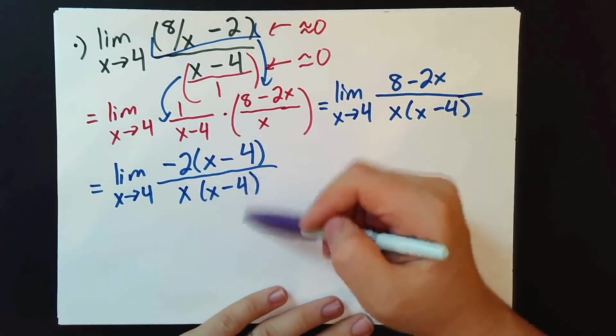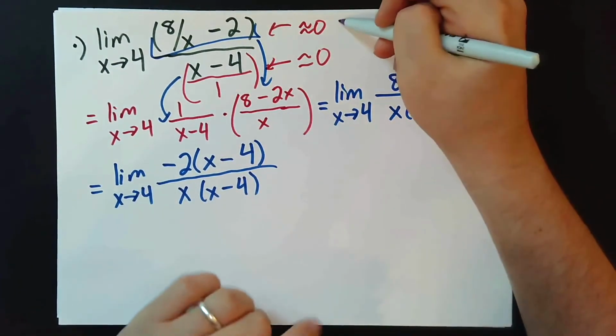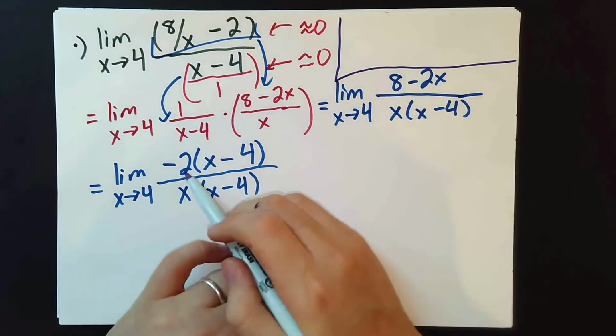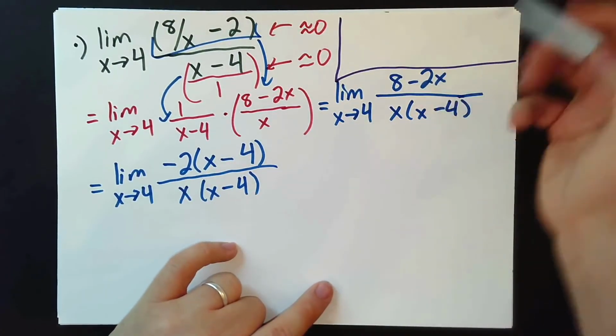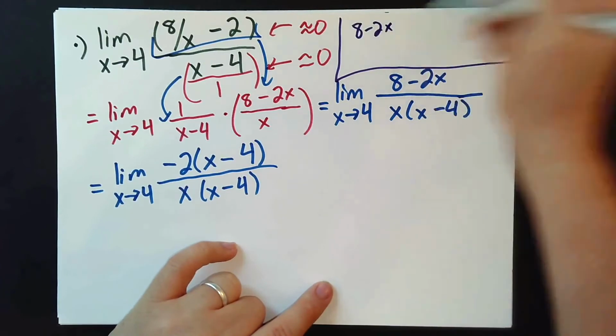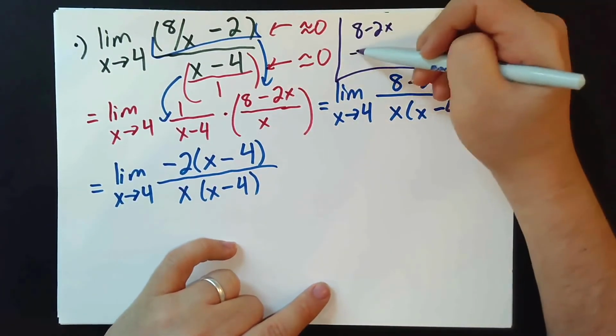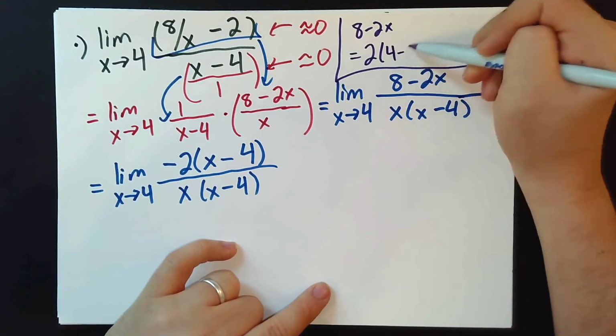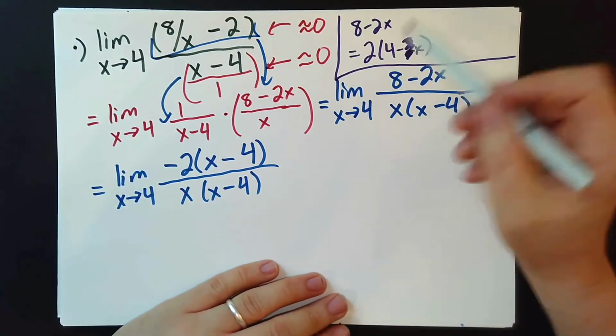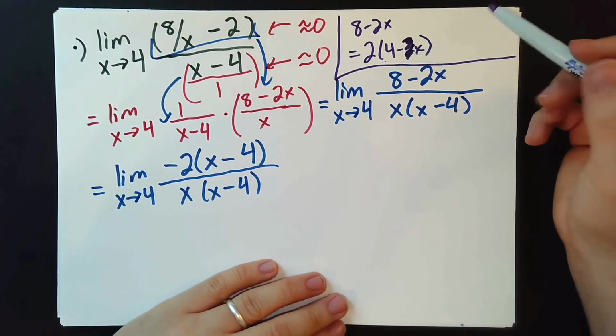Now, we're almost done because there's these two x minus 4s, but I just want to make a note in case you did not like me saying factor a minus 2 out. You can also look at 8 minus 2x and say, aha, I want to factor a 2 out of that. And when I factor a 2 out of that, I get 2 times 4 minus x.